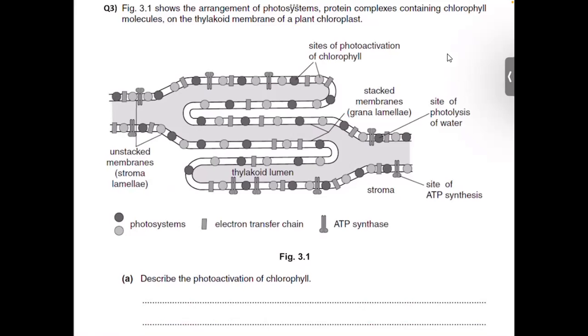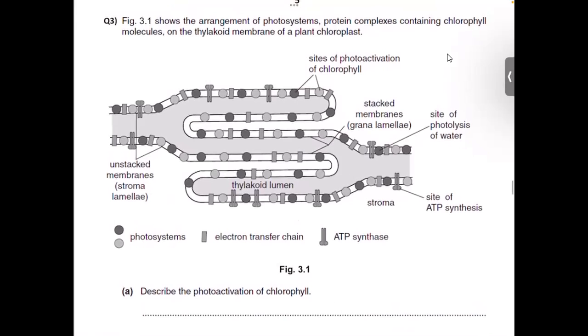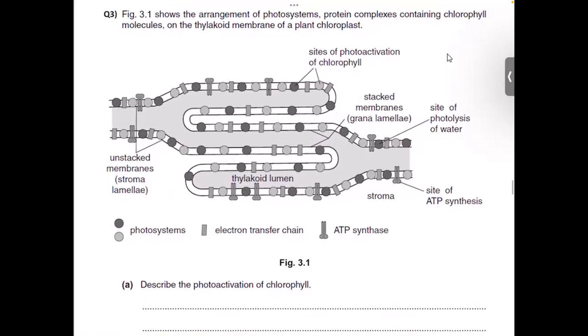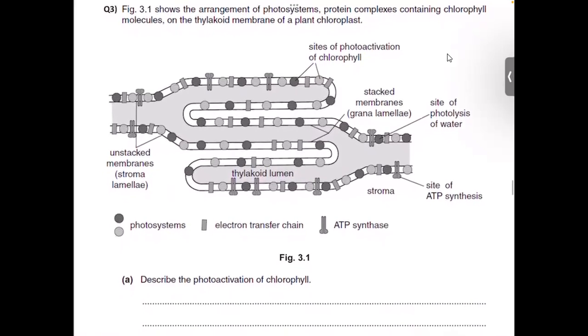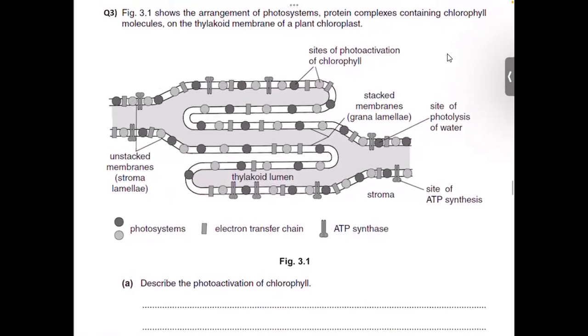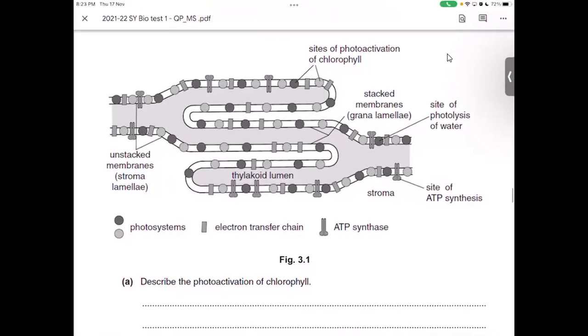If I say the photons activate the electrons in photosystem 1, it gives a boost to electron acceptor X. The electrons then move along the electron transport chain, where they lose their energy. The addition of ADP and inorganic phosphate results in the production of ATP.